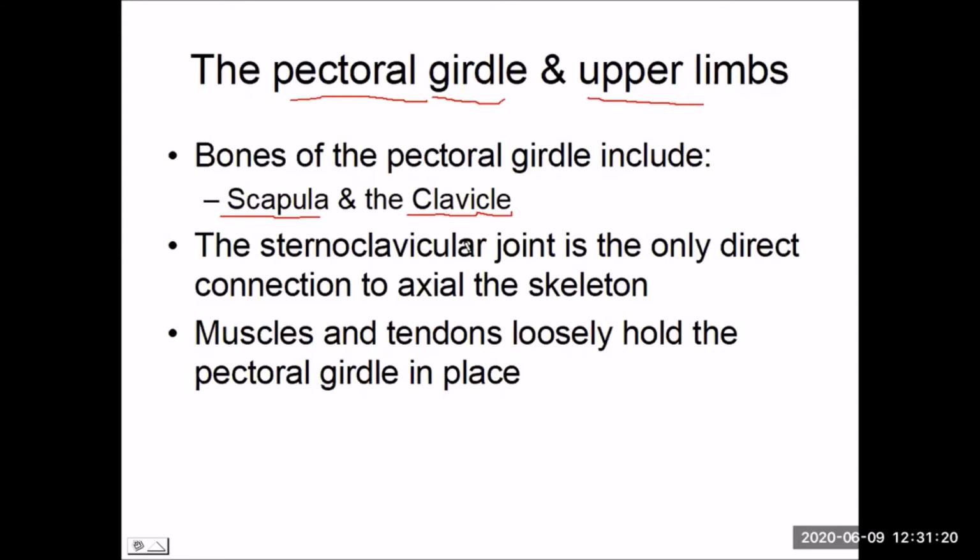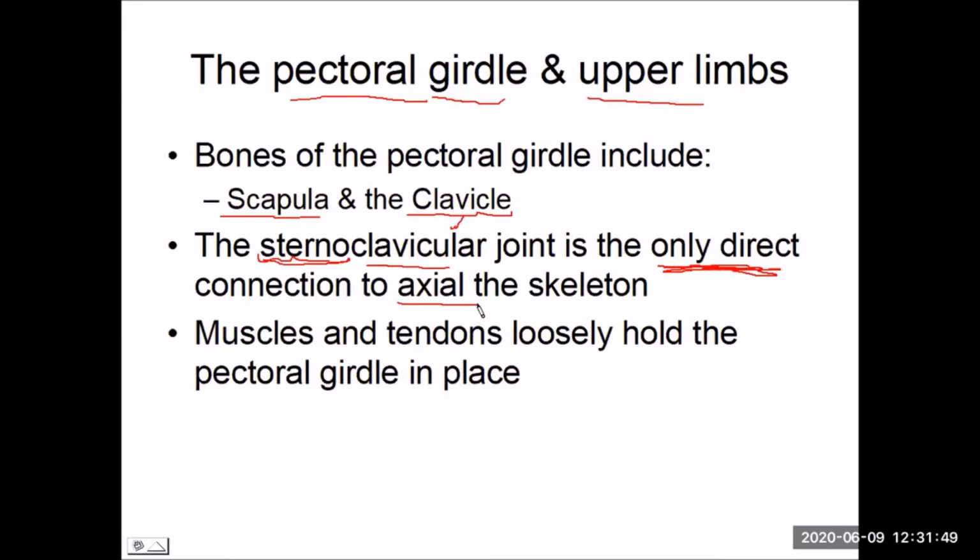So in this area of the pectoral girdle, we have now this connection between the sternum, specifically that manubrium of the sternum, and now the clavicle, so known as the sternoclavicular joint. And this is an important joint for our upper extremity because this is the only strong point of articulation between the pectoral girdle and our axial skeleton.